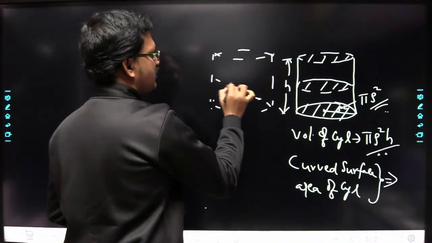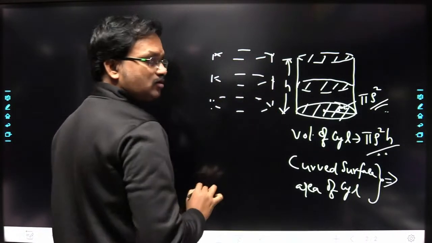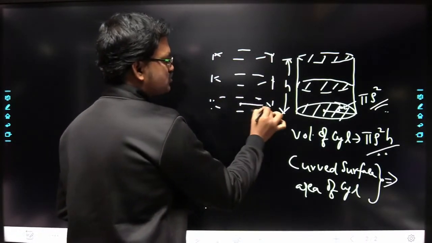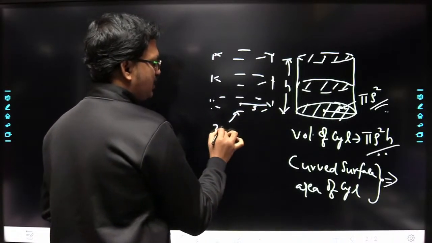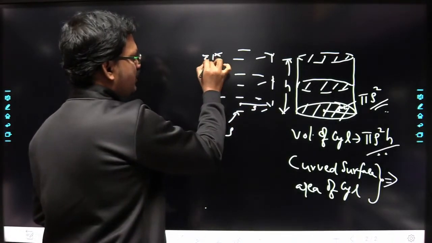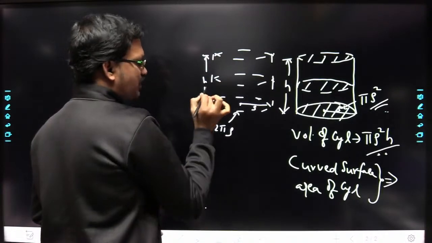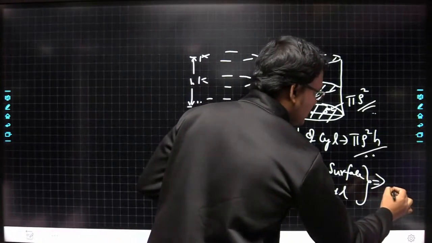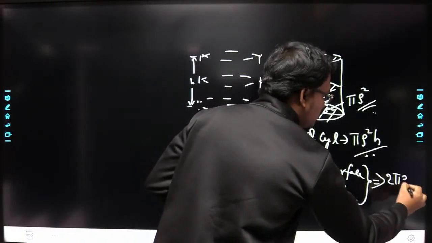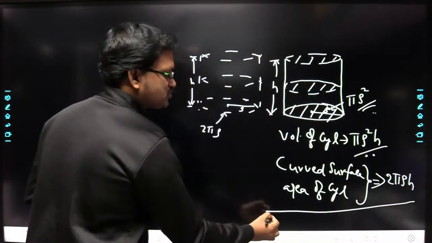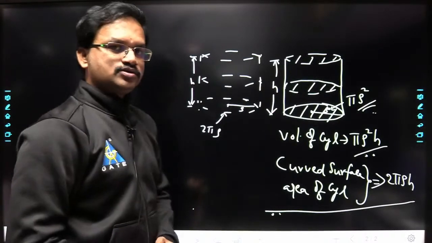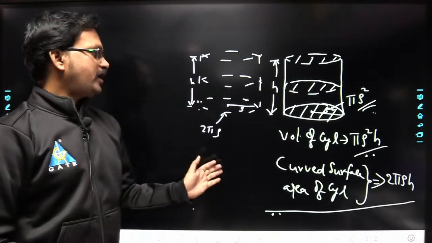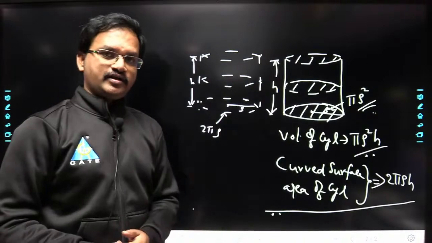Each of radius rho, so each has the perimeter 2 pi rho, and you have placed such circular rings up to some height h. Hence the curved surface area of the cylinder is nothing but 2 pi rho times h. Understood?